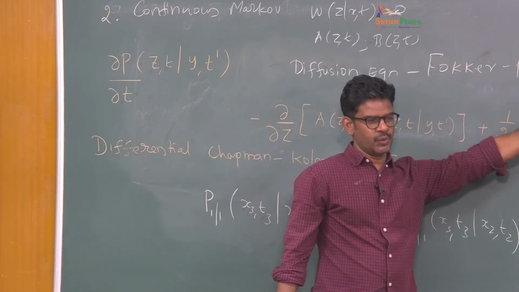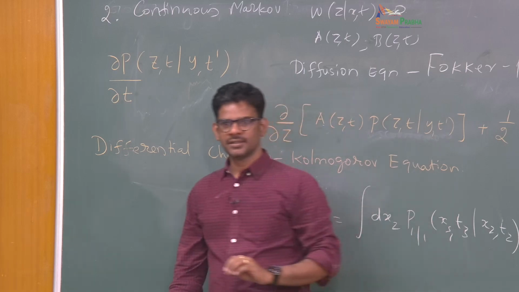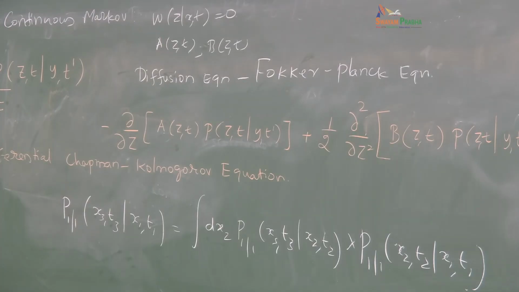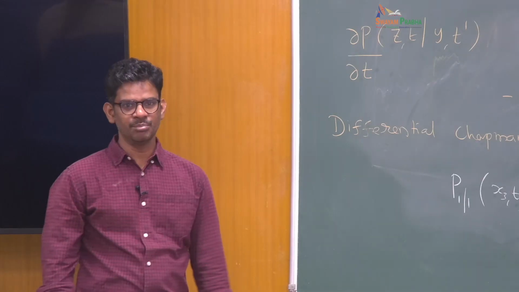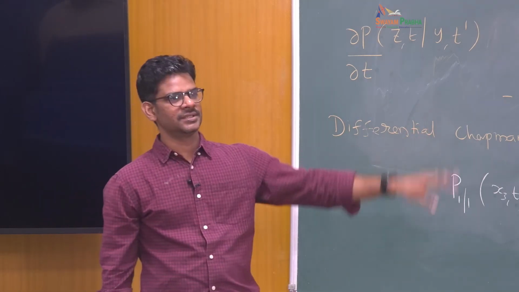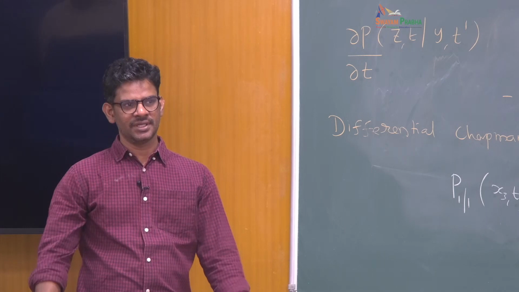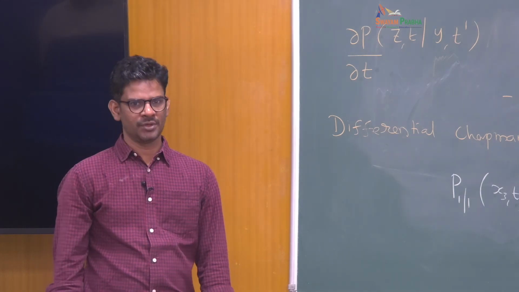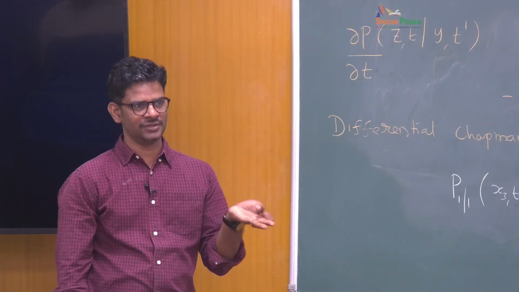So the Fokker-Planck equation or diffusion equation are good models for describing continuous Markov processes, whereas the master equation that I talked about is only for jump or discontinuous processes, and both can be shown as limiting cases of more general differential Chapman-Kolmogorov equations. So we are talking about three equations.